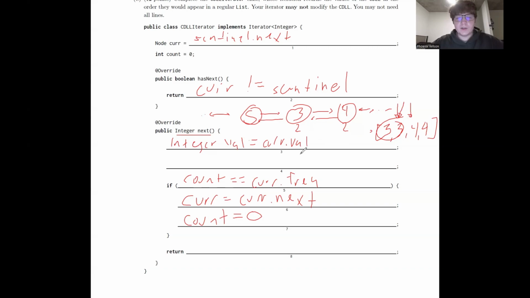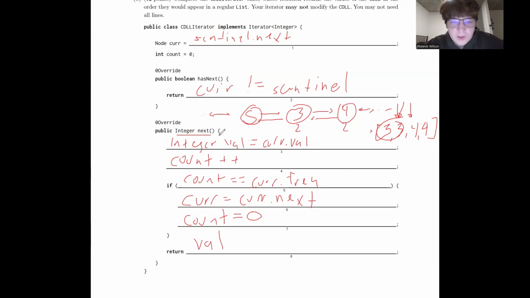And then we'll return that value, regardless of whether we went over our allowed limit. And every time we take a value that the node encodes, we need to increment our count here.